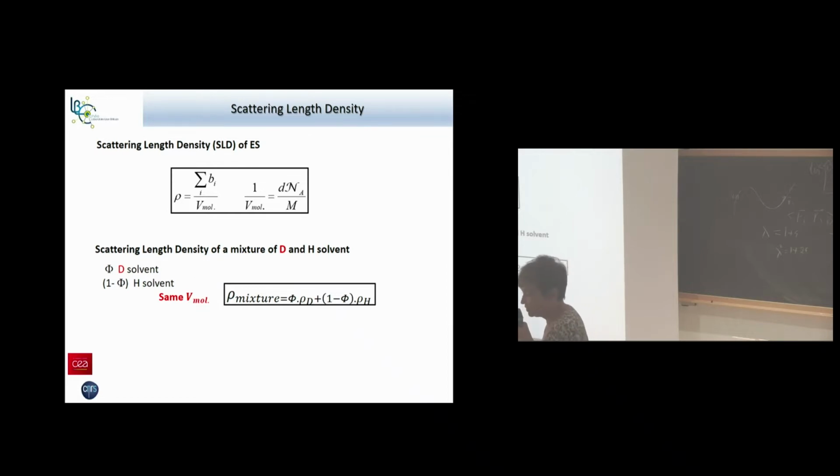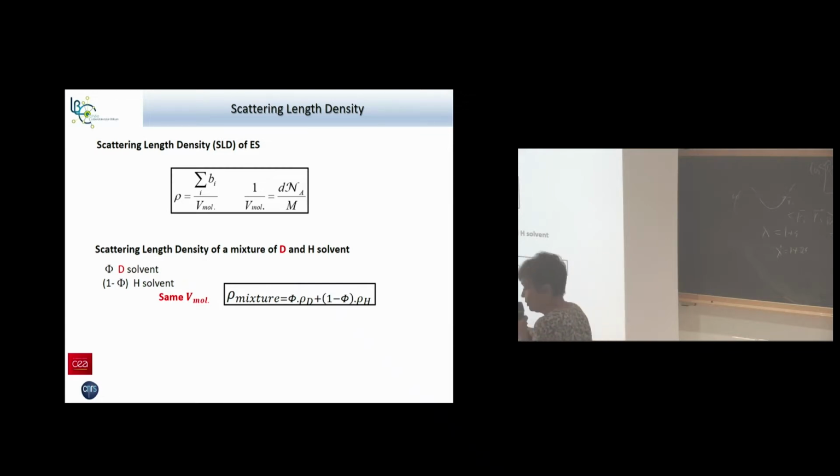Since both solvents have the same molar volume, you can simply add the scattering length density of both solvents weighted by their respective fraction in the sample. So the scattering length density of the mixture is equal to phi times the scattering length density of deuterated solvent, plus 1 minus phi times that of hydrogenated solvent. By mixing, you are able to vary the scattering length density of a media. Here I take the example of the solvent because it's very easy to understand.